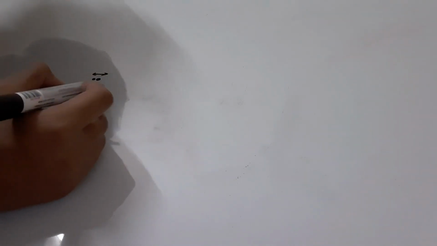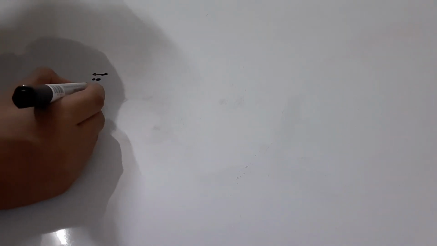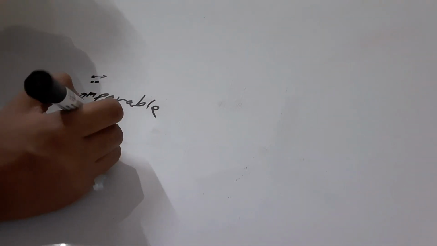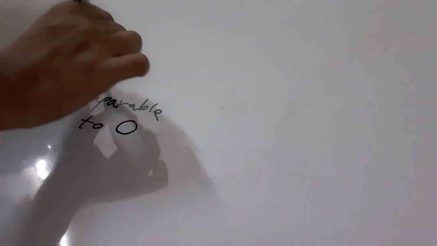The distance between these 2 points is comparable to 0. The distance is almost 0. This distance here is too big, it was just for demonstration purposes. So that's what we do. We take a point, we take another point extremely close to that point, and now we can take out the velocity.